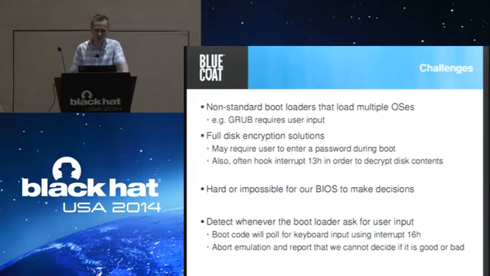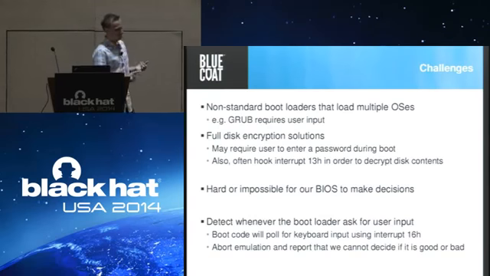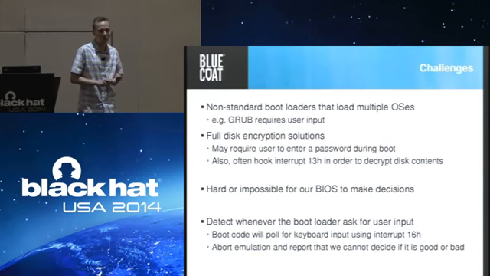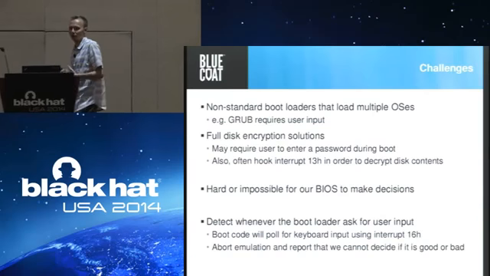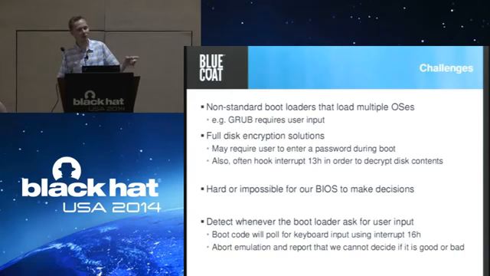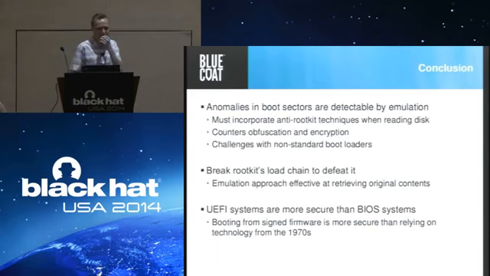So it's hard or impossible for us to make decisions. But what we can do is detect if this may be a problem. Whenever the boot code asks for user input of some sort, it will issue an interrupt 16 to poll for keyboard input. Since we've registered an interrupt handler for that, we can abort emulation and report that, hey, I can't do anything on this system, try some other approach.